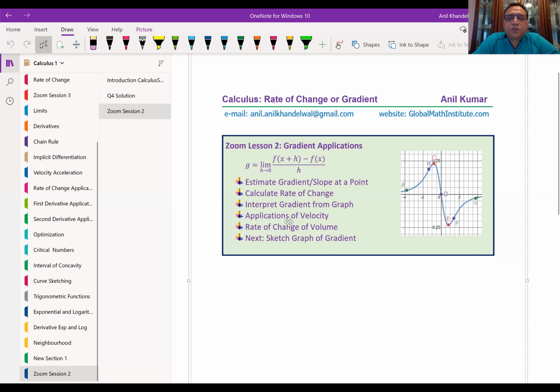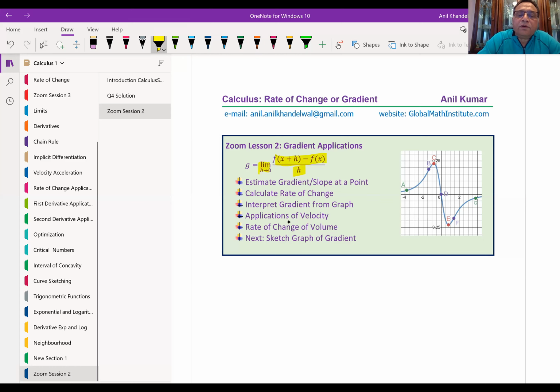In Zoom session 2, which is based on gradient applications, in the first session we learned that the gradient can be given by this formula: limit h approaches 0, f of x plus h minus f of x over h. That helps you to find the gradient at any point on the curve.